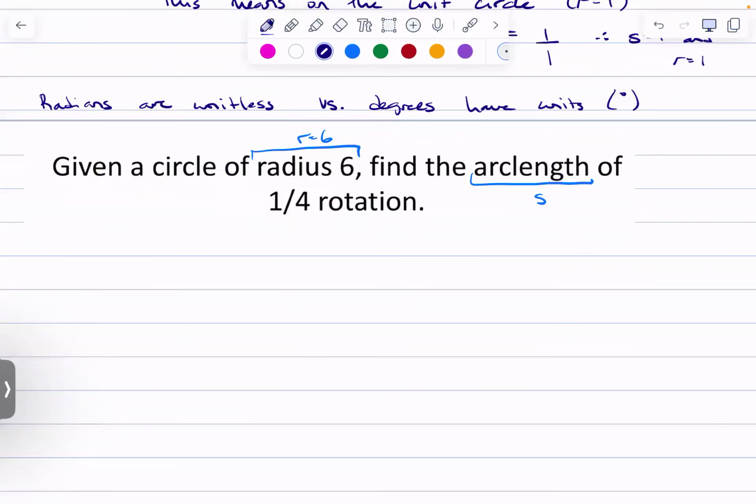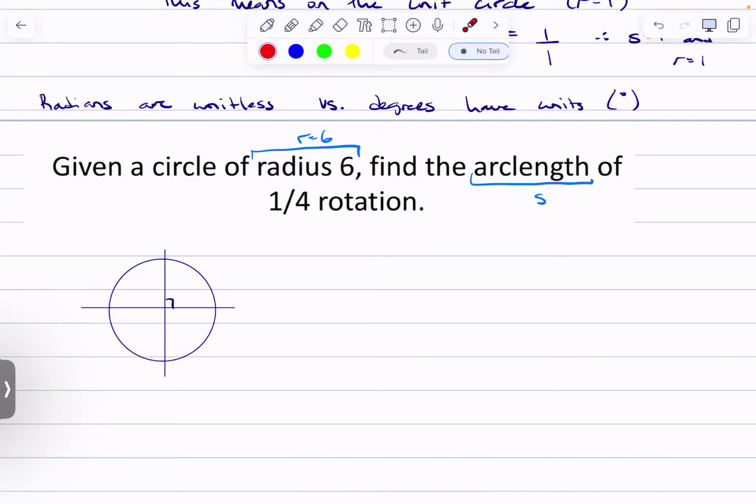And so we can draw a circle and split it into quarters. I want a quarter rotation, which is this length here.